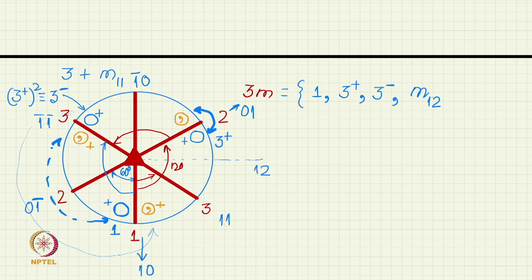The second one, the second mirror labeled here, this one. So, this mirror, the normal direction is, you can see, a 0 1 bar direction. This direction is normal to the, no sorry, this direction will be normal.